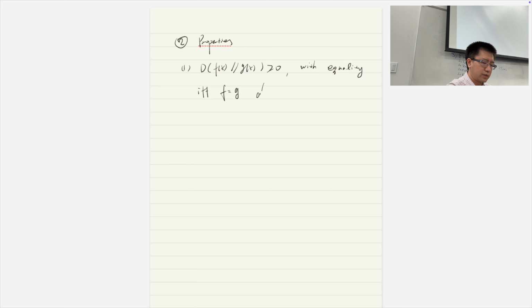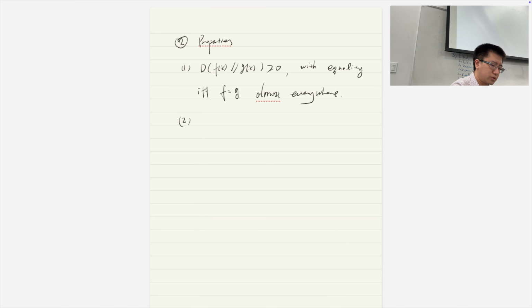Here we just say almost everywhere, meaning that as long as the probability is not 0, then they're equal. Or they can be not equal at some locations that have 0 measure, 0 probability. So this is exactly the same as before.